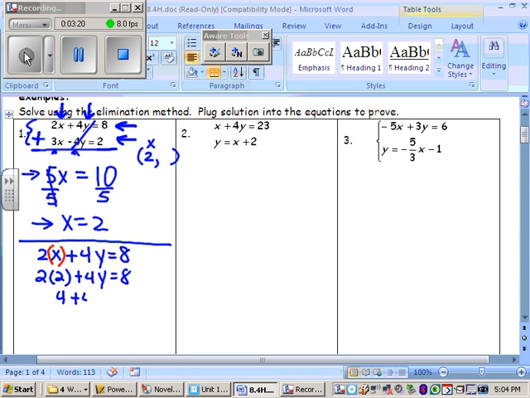We then have 4 plus 4y equals 8. We will subtract 4, so we have 4y equals 4. And when we divide by 4, y equals 1. So y is 1 in our ordered pair, which is our solution.